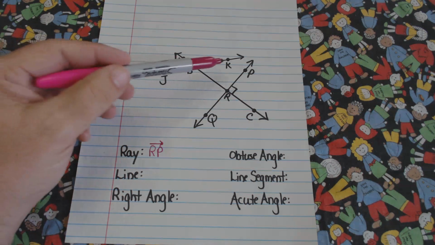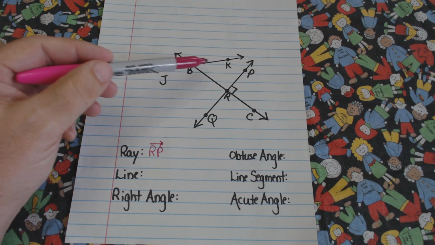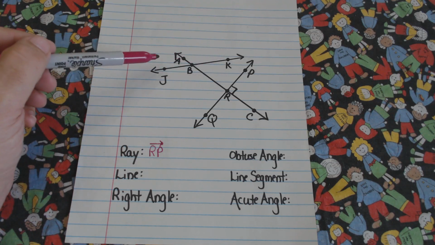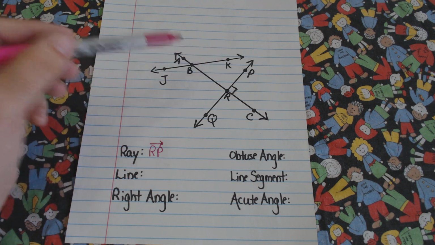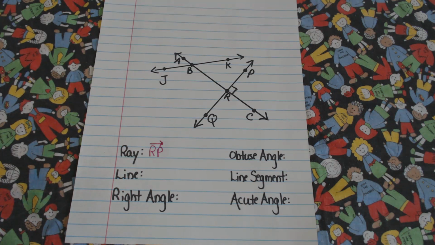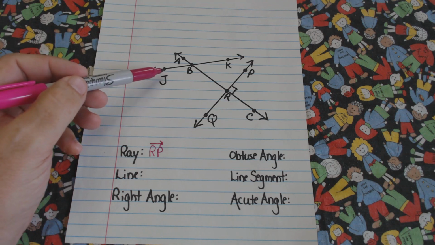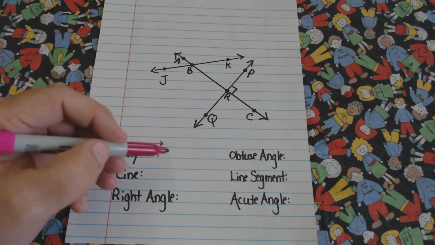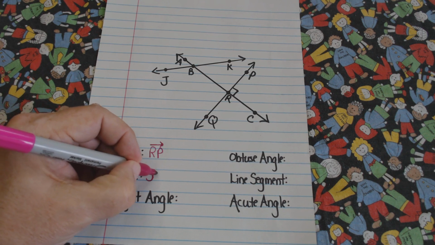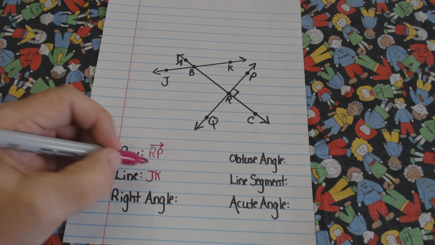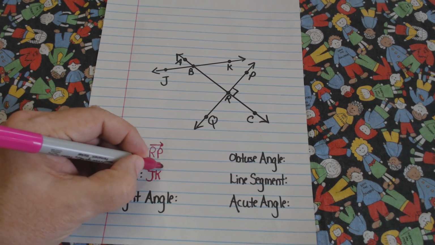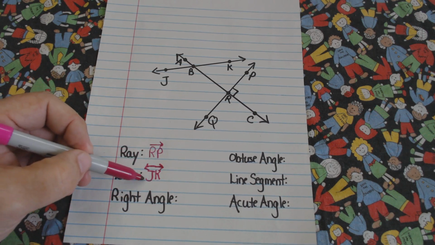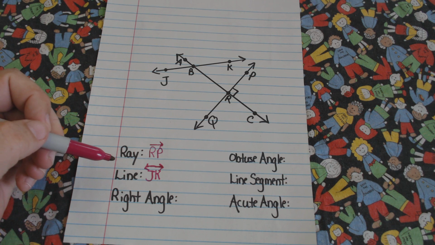We have line JK, line JB, line KJ, line KB. Lots of lines. Let's just pick one. How about if we do line JK? So we have a J and a K, capitalized, and then we draw a line above those two letters. And we read that as line JK.